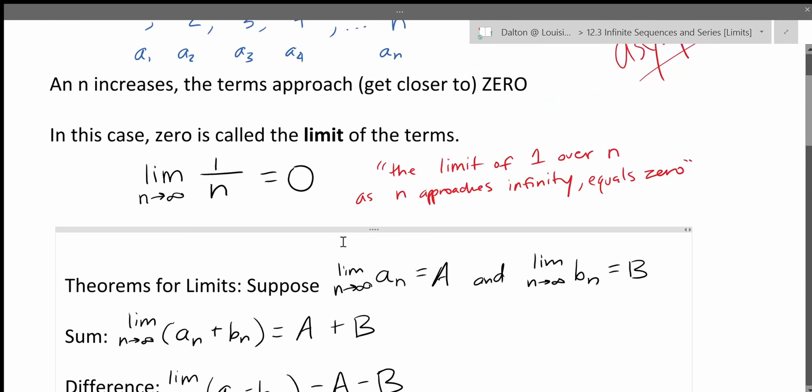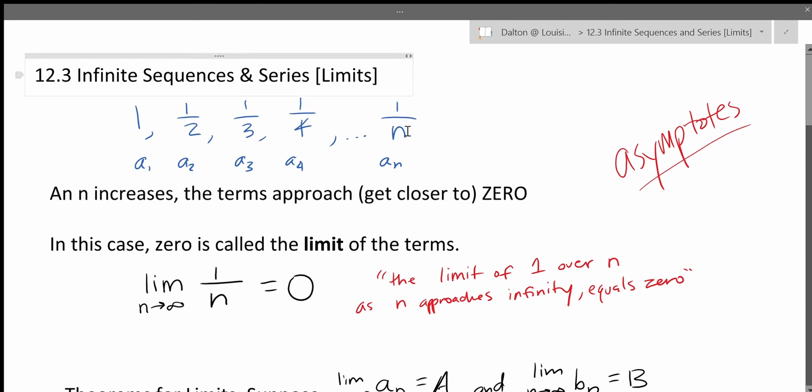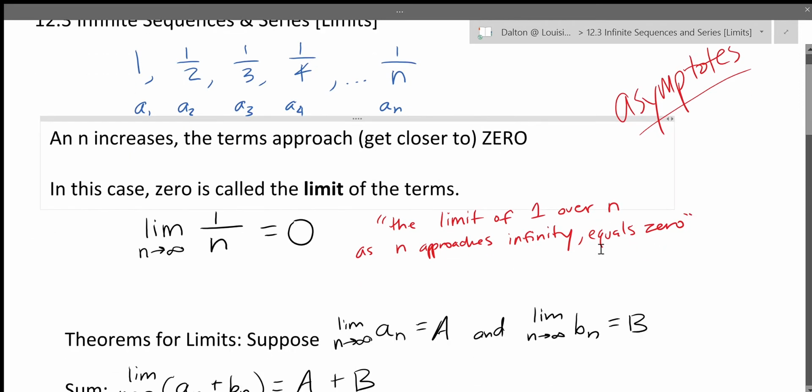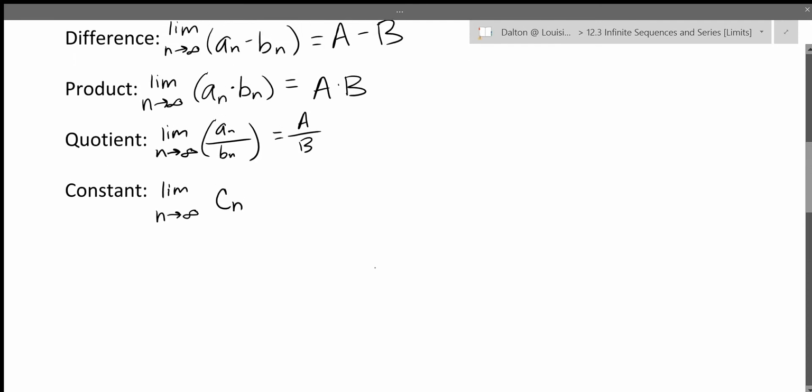I'm going to scroll back down. When I gave you this list, n was increasing, and we divided by a really, really big number, which got us closer and closer to 0. If my list of numbers is just a constant, like here's my list of numbers, 2, 2, 2, 2, 2, and it goes on forever, what is my list approaching?